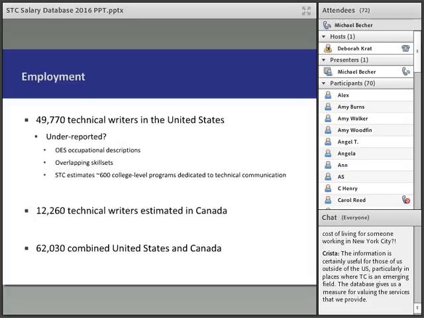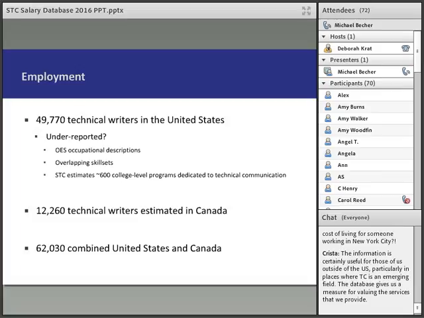So getting into a lot of this information, we'll start out looking at employment data. For 2015, it was reported that there were nearly 50,000 technical writers in the United States, and this data might actually be a little bit underreported.